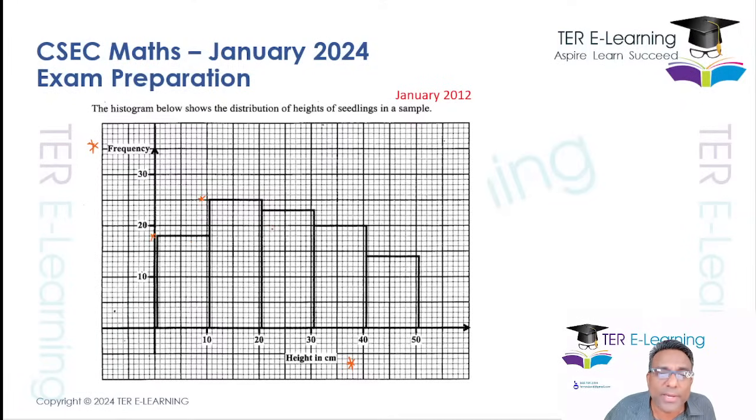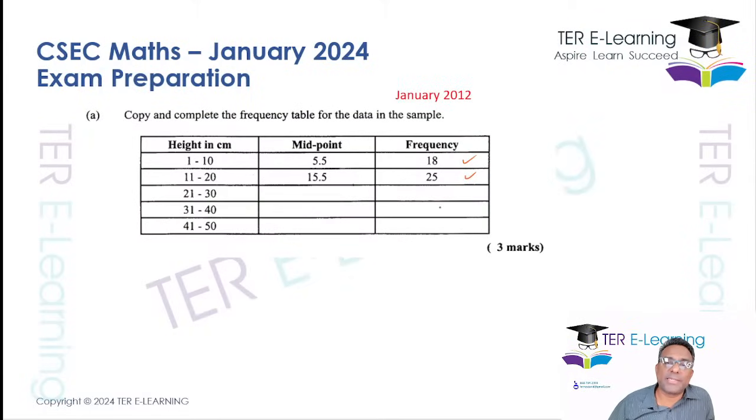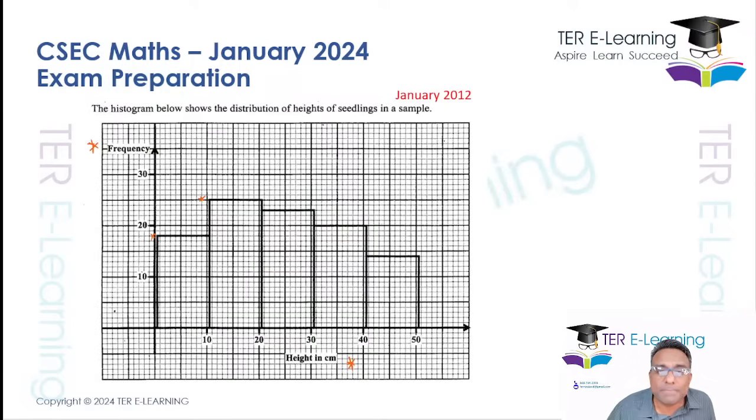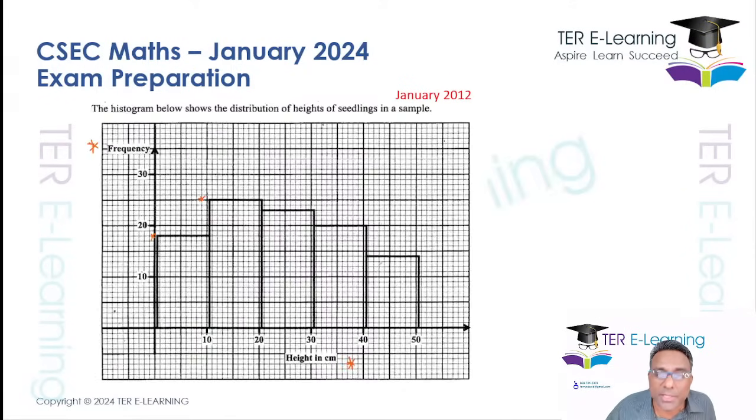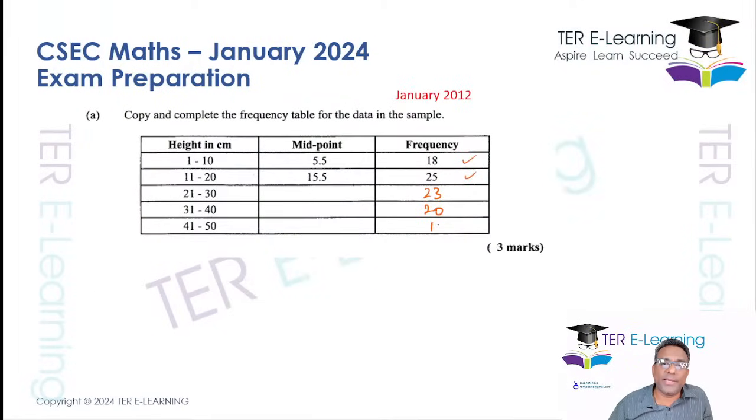The next one here will be 23. Then the one after that will be 20. And then the last one is going to be 14. The last one here is 14.